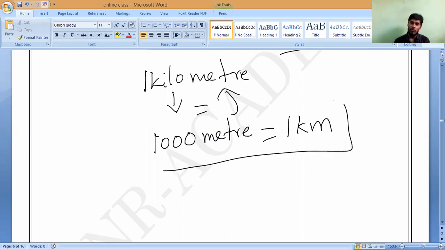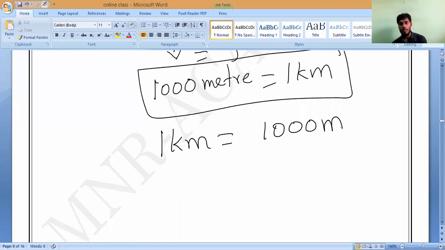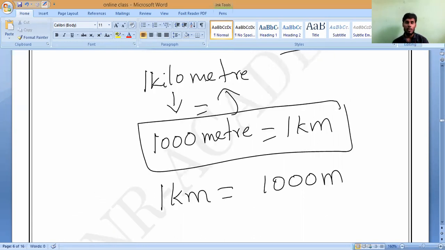So from this I can write 1 kilometer is equal to 1000 meters. Any doubt? Anybody please ask me. This is the relationship: 1 kilometer equals to how many meters?